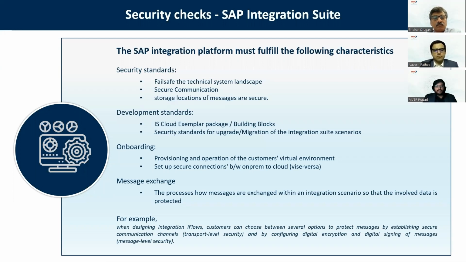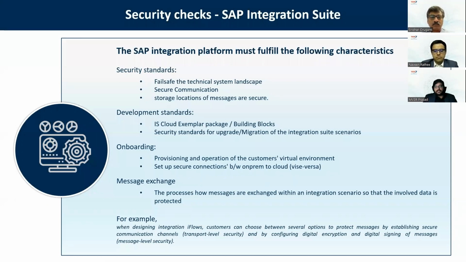SAP manages all these things, and also development and process standards. For example, Integration Suite provides exemplar packages or building blocks, where SAP maintains all API standards in terms of communicating between different systems.